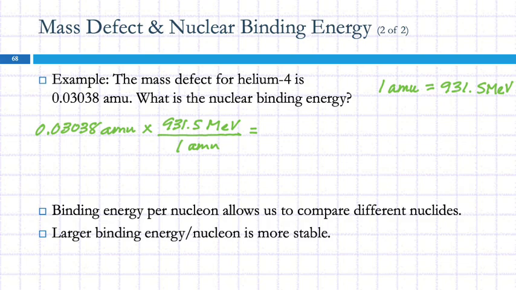We'll keep with our 4 sig figs here, 28.30 mega electron volts. I'll give this to you on an exam, so you don't need to memorize it, but you do need to remember that it exists.